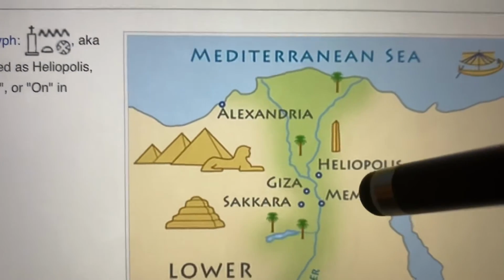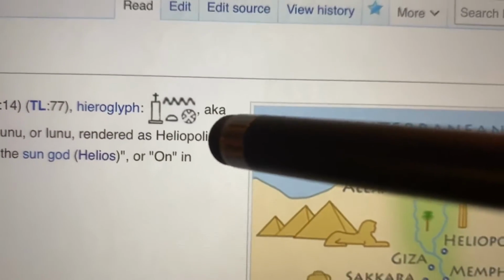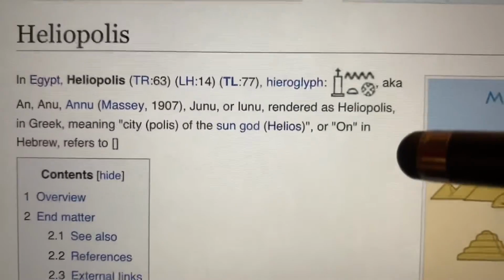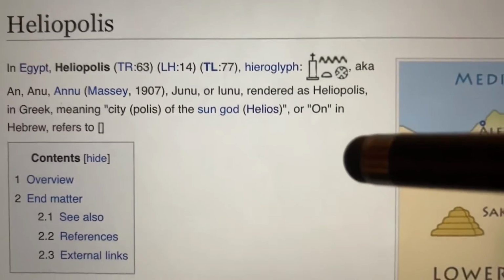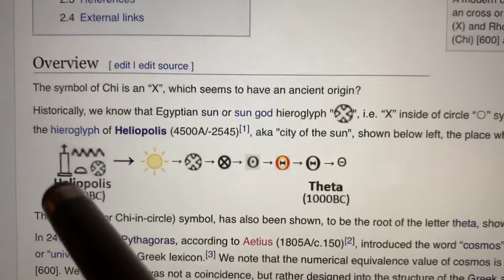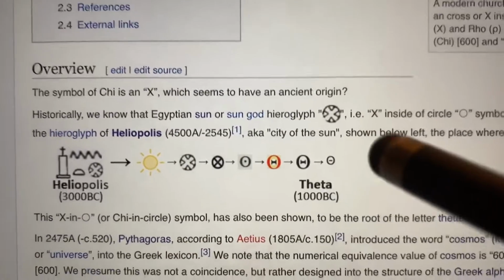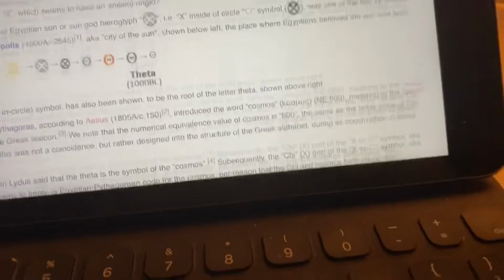Heliopolis is here. It's where most of this comes from, but we see the Chi inside of Omicron symbol, and this was already embedded in Heliopolis 5,000 years ago. So here is the Heliopolis symbol, or Chi, Omicron Chi symbol, becoming theta. So it's the complex cipher.